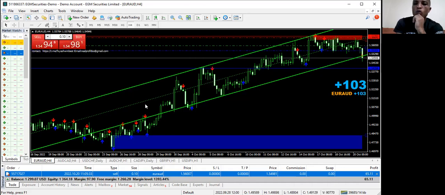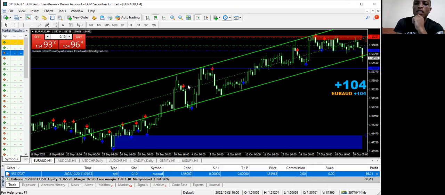So how do I enter this market when price is operating on this particular channel, right? When I see price up on top of this particular line on this channel, I know once I see a candle like this coming down, I will wait. Okay, I will wait until I see another candle that is like this, and I enter the market.